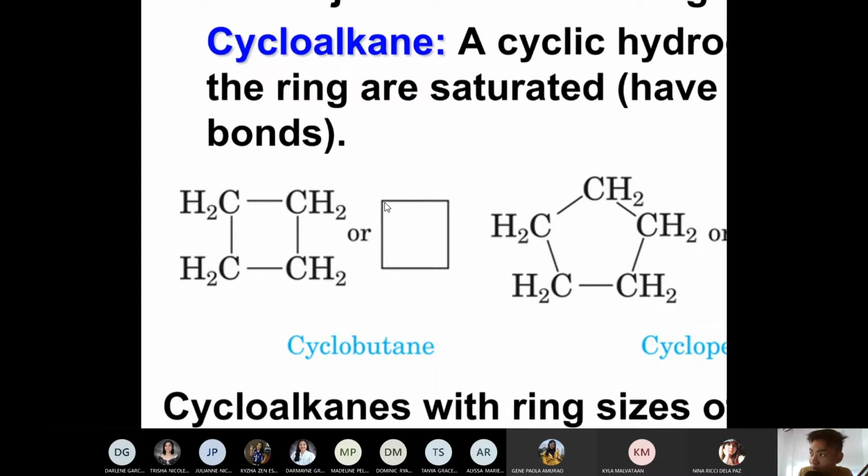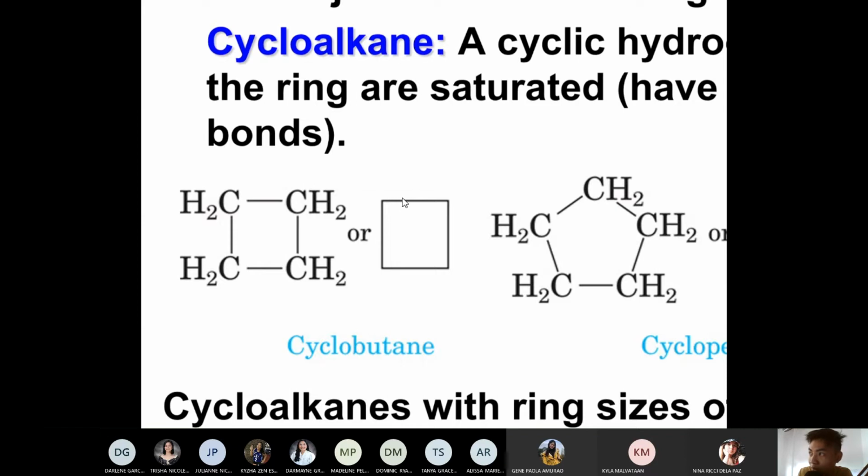For example, sa carbon na to, ilang hydrogen yung pwede? Dalawa. Bakit? Kasi this carbon has already 2 bonds. Ilang bonds kaya? 4, di ba? So that means may pwede pang kumabit na 2 hydrogens here, no? Kaya CH2 itong part na to.